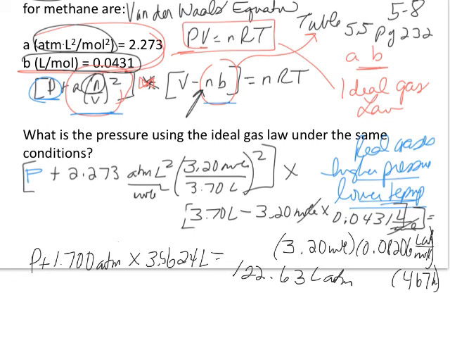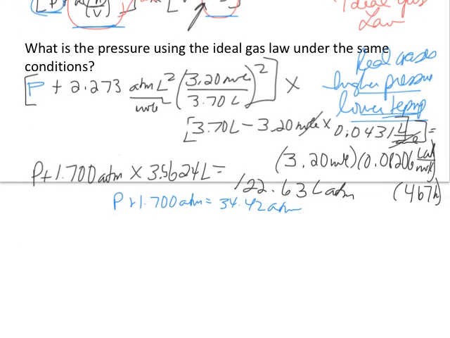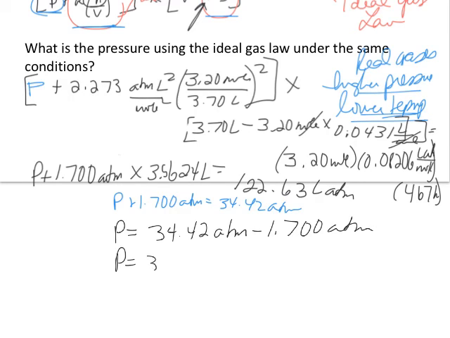Then you solve for P, and you get P plus 1.700 atmospheres equals 34.42 atmospheres. P equals 34.42 atmospheres minus 1.700 atmospheres. Pressure equals 32.72 atmospheres.